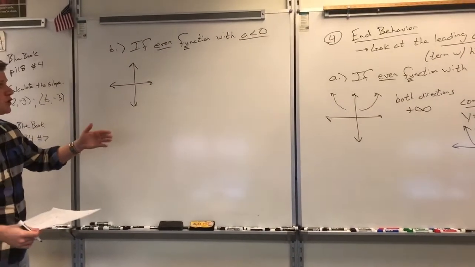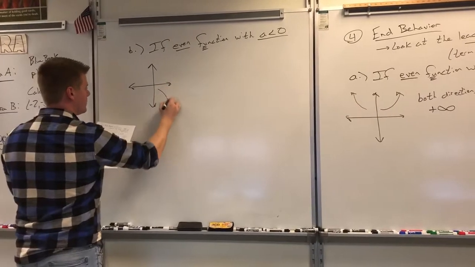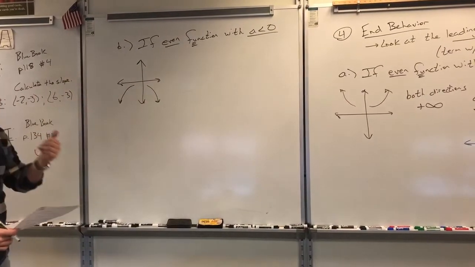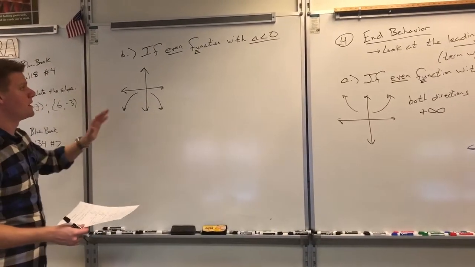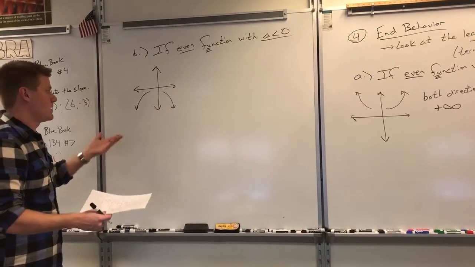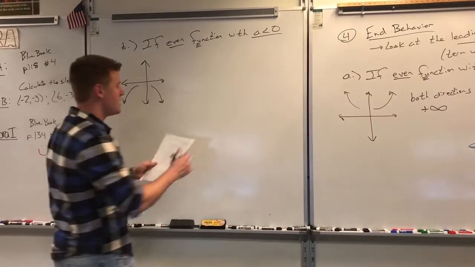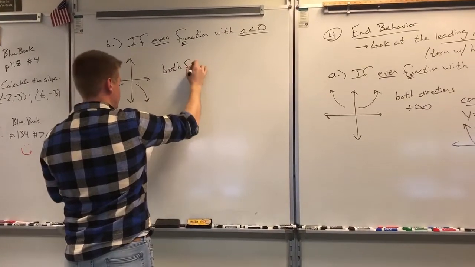It's going to go the same direction, but this time it's going to open downward in both directions. So once again, still an even power, even degree, think of x squared once again, but now that we have a negative in front, and we knew that from last section, that means it will open downward. But again, this extends to any type of polynomial with these characteristics.